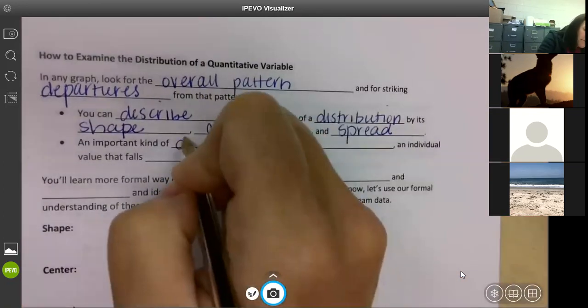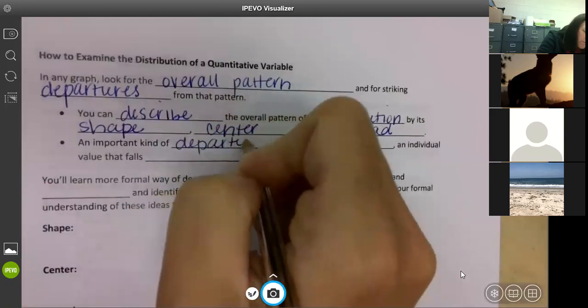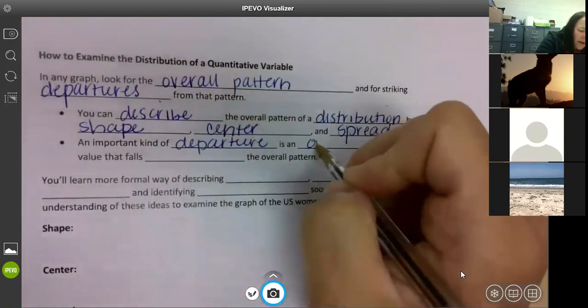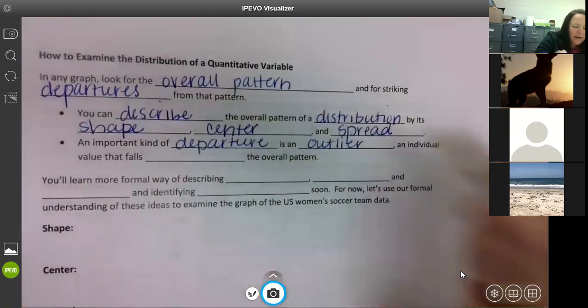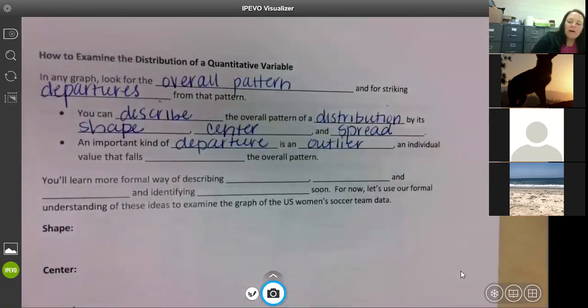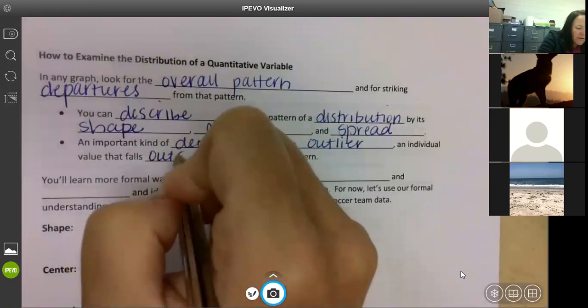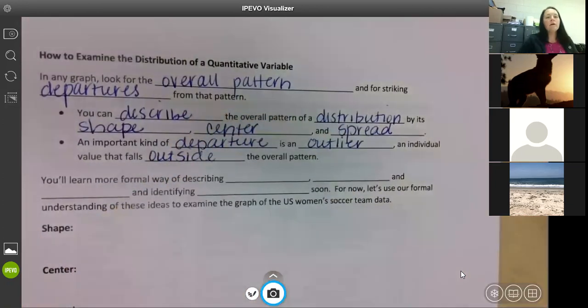An important kind of departure is an outlier. I just told you that, which is an individual value that falls outside the overall pattern. I'm gonna give you a chance to catch up because I know I went through that quick. So the big thing you need out of this is to describe, you need shape, center, spread, outliers. Shape, center, spread, outliers. And again, you'll be doing that the rest of the year, like no joke, the rest of the year.